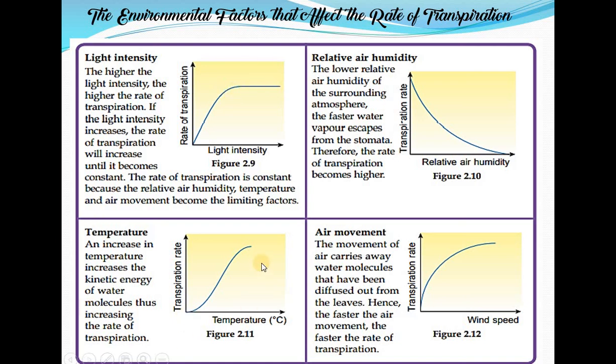Second, the higher the temperature, the higher the rate of transpiration. Third, the higher the relative air humidity, the lower the rate of transpiration. Number 4, the higher the air movement, the higher the rate of transpiration.